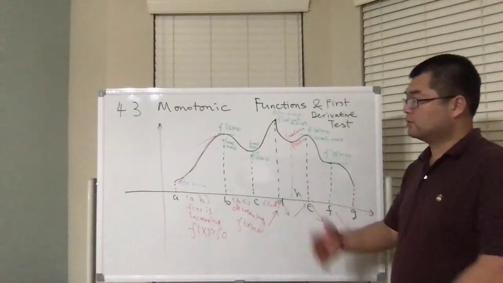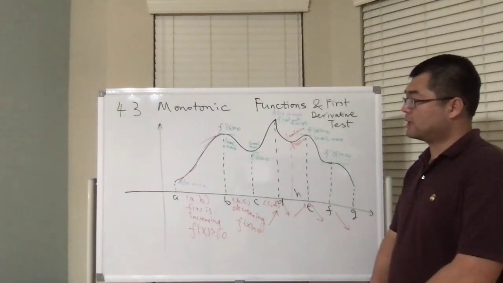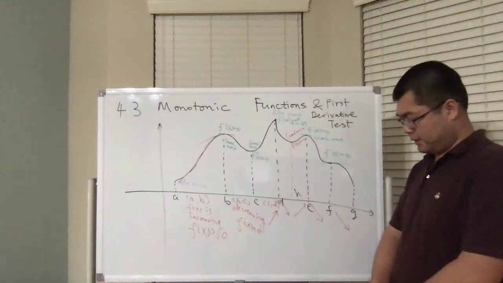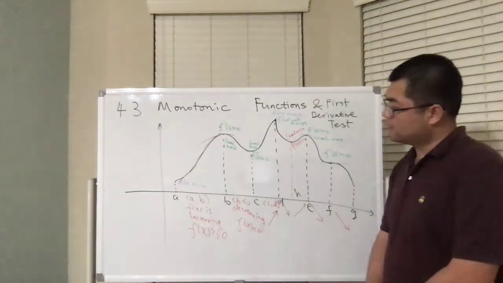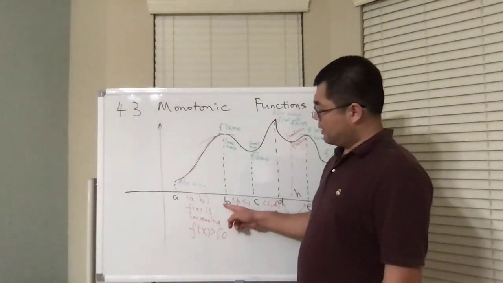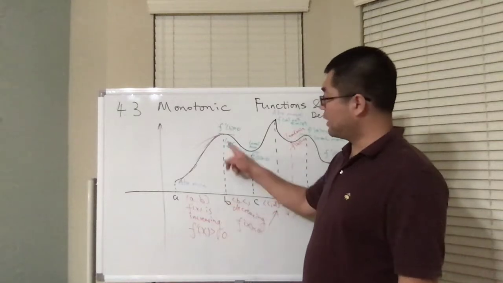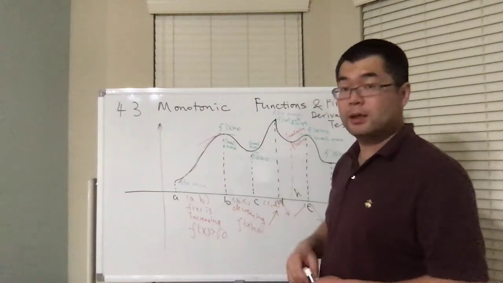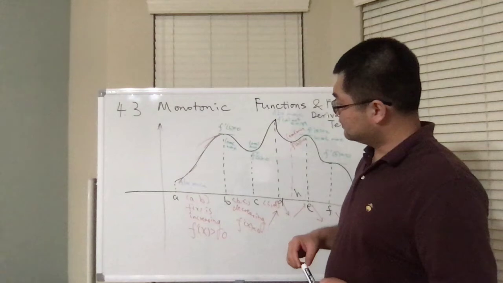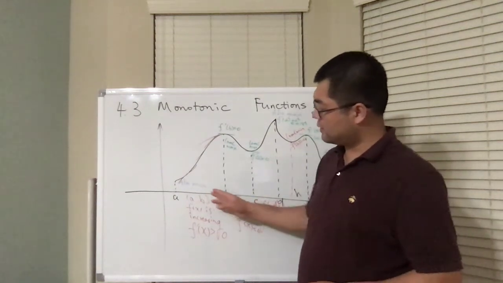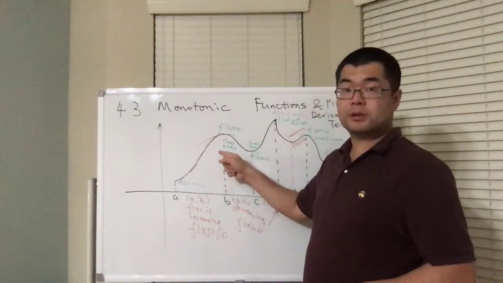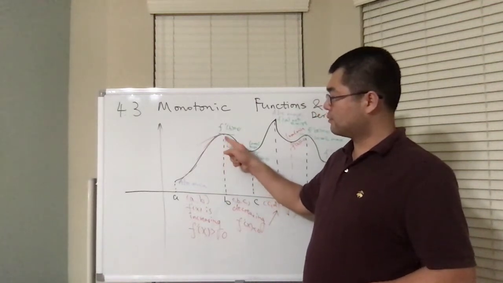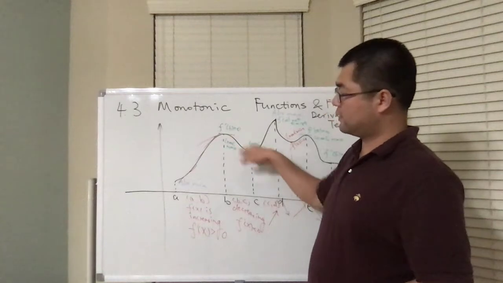We can talk about the first derivative test in this part. Let's look at it here. We know that at point B, we have a local maximum, right? Look at the left side of point B. The function increases, and then right after passing point B, the function starts to decrease.